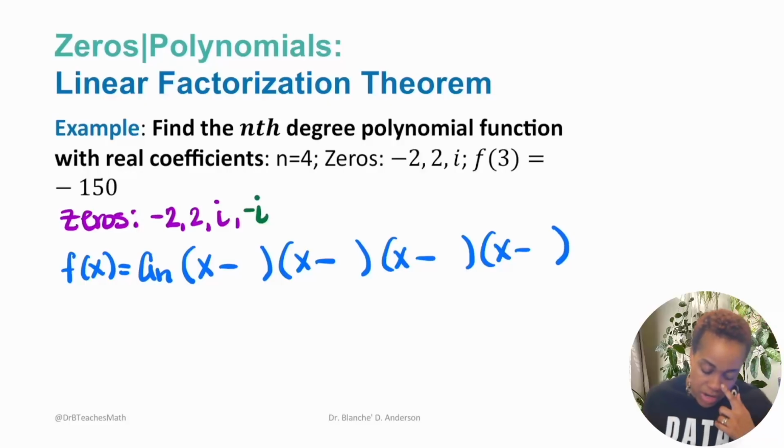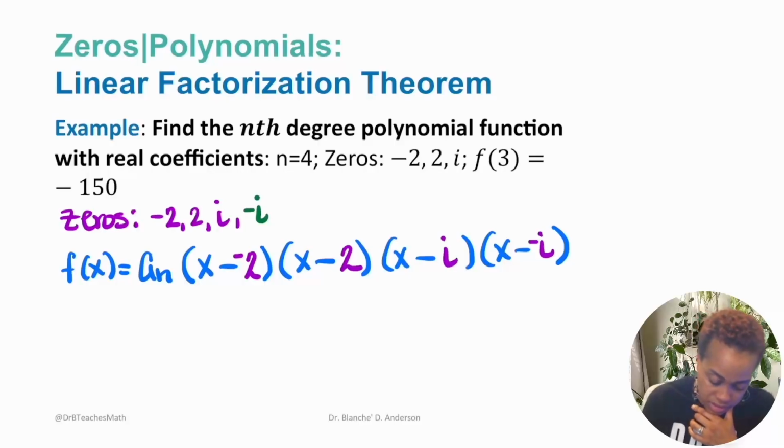Now you're like, Dr. B, why do you have 4? Because our degree is 4. Okay, cool beans. So I'm going to write my zeros in as they appear. So far so good. Let's clean this up.